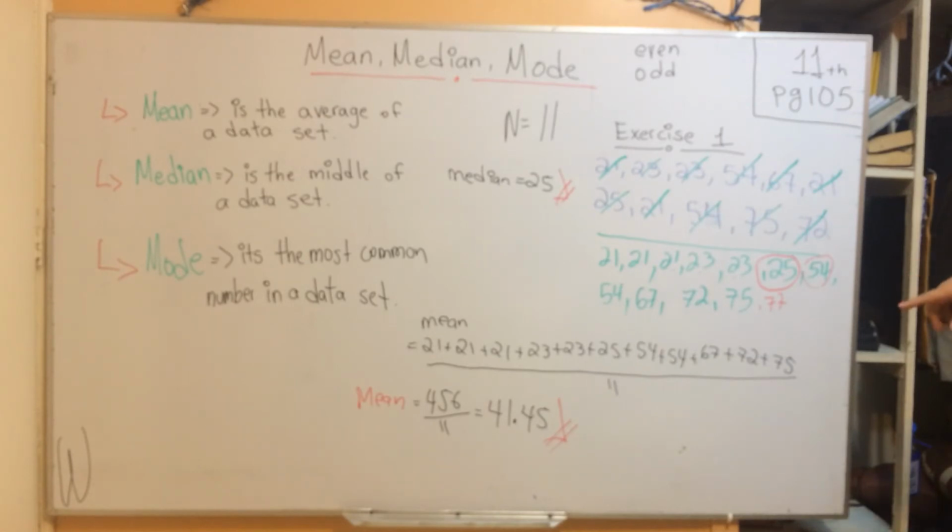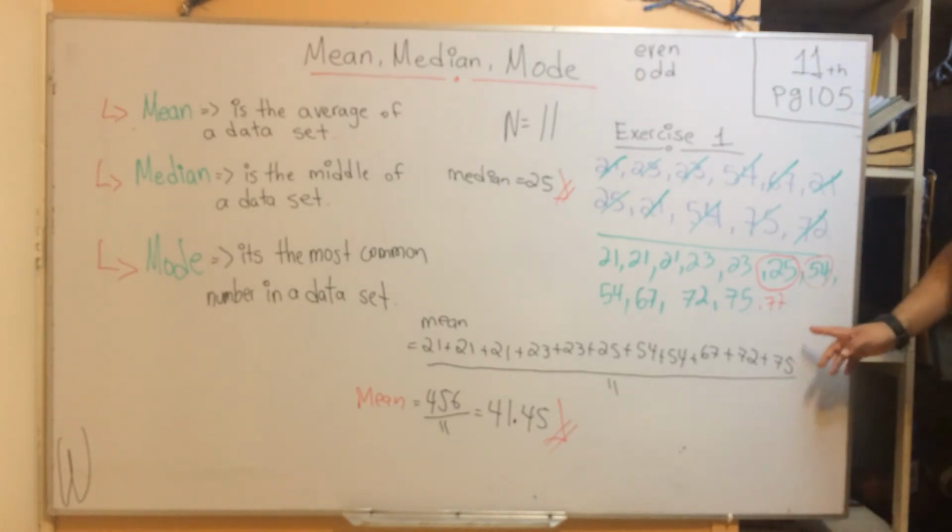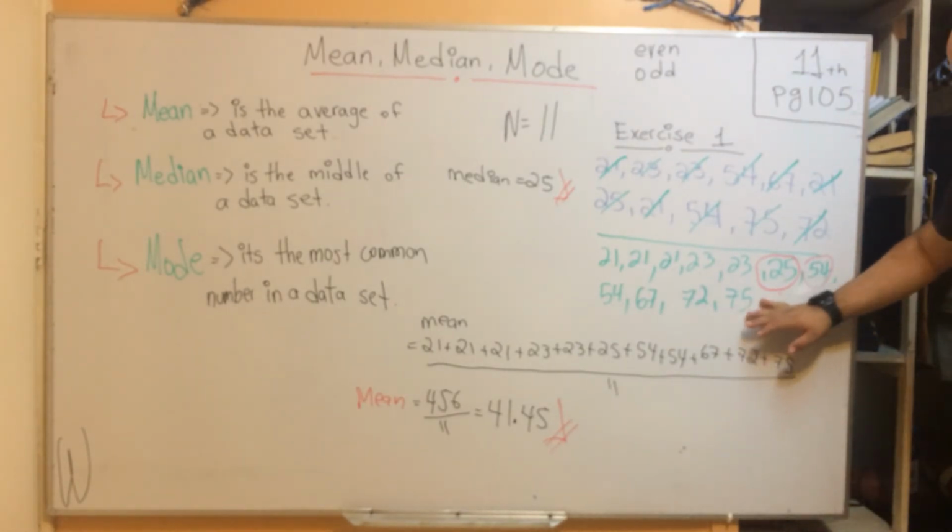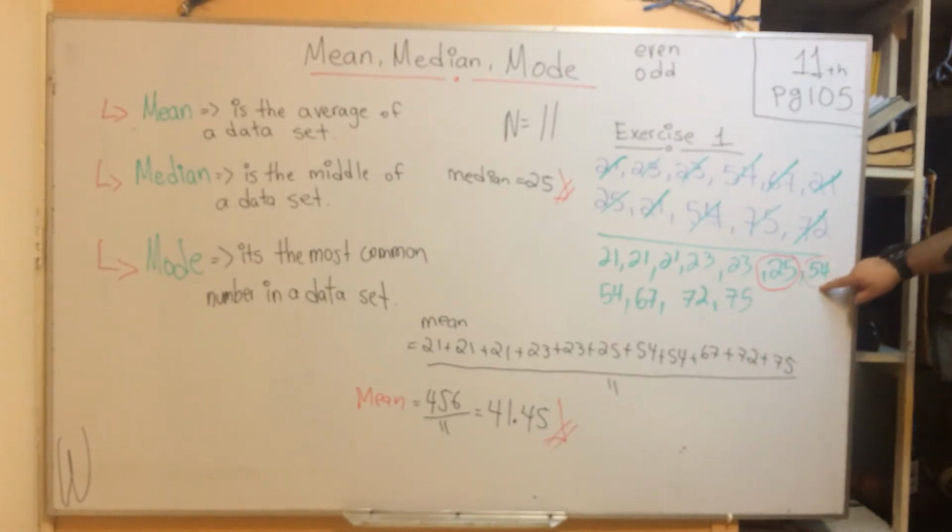So the median in case we have another number, 77, would be 25 plus 54 divided by 2, which is 39.5. Since we don't have this number, it is not included in the median. This was just an example for an even number of data.